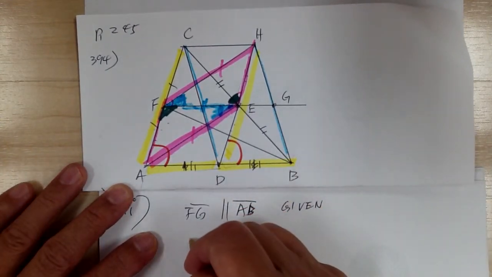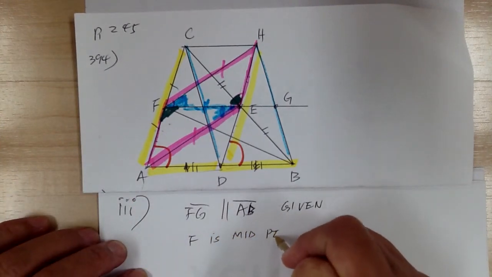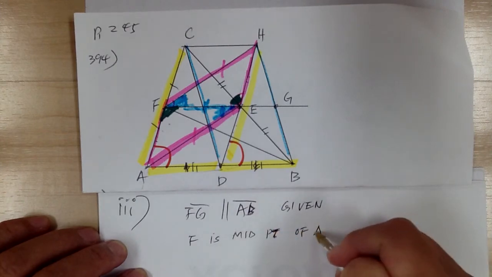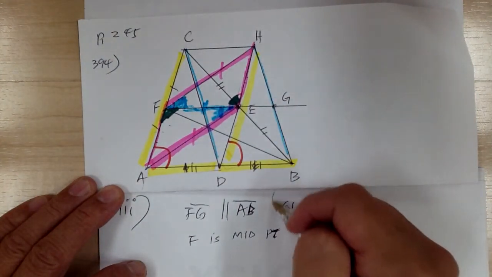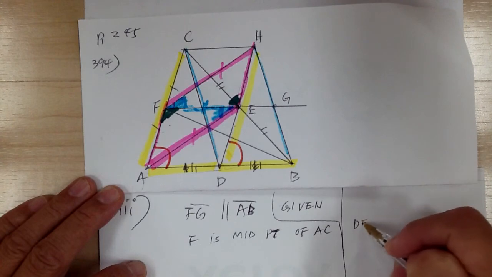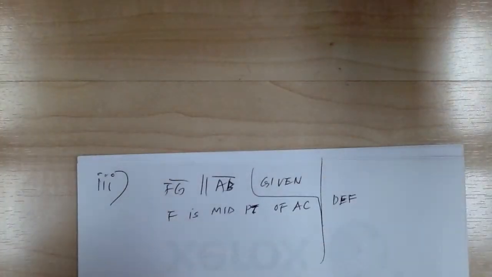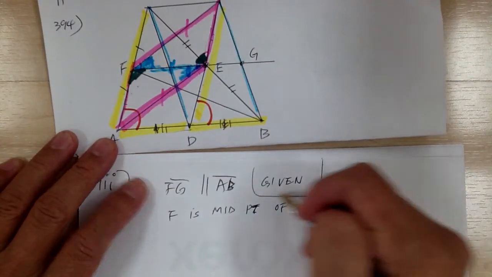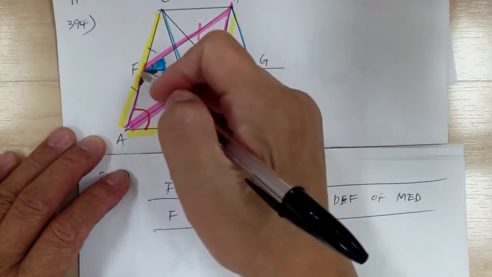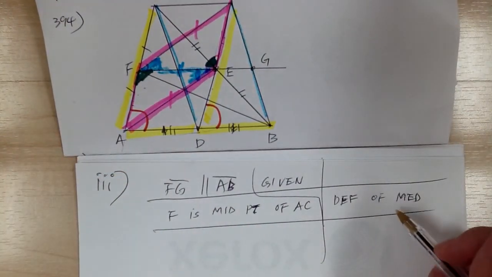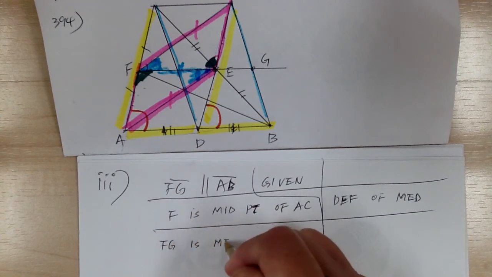And so F is the midpoint of AC. So that is the definition of median. Okay, so F is the midpoint of AC, so that's the definition of the median. So FG is the median.